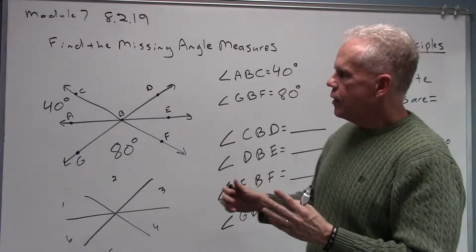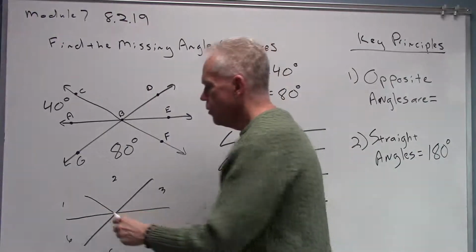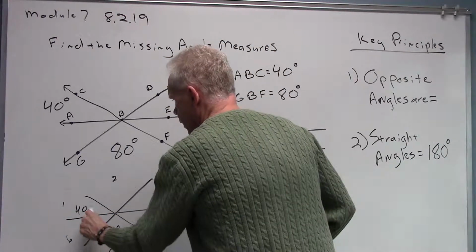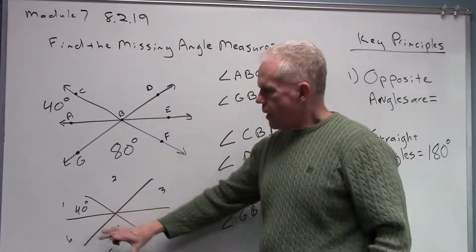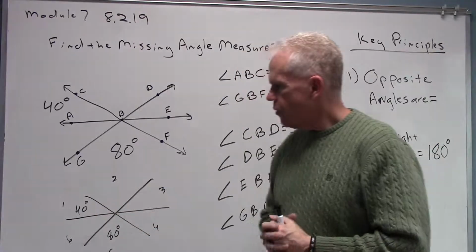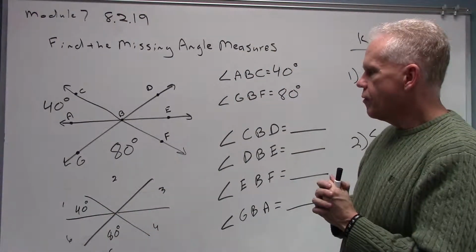ABC corresponds to 1, so of course that's 40, and we'll put angle 5 as 80. Writing this on your paper, you can see it so that you can do your measurements and work from that.